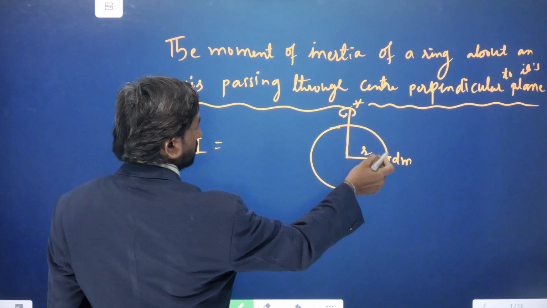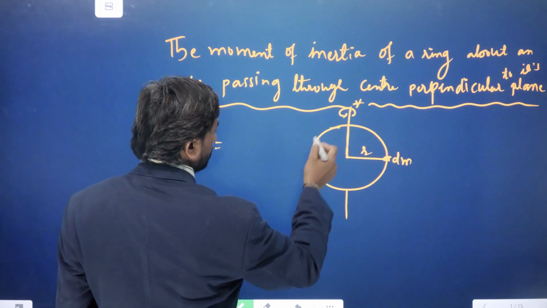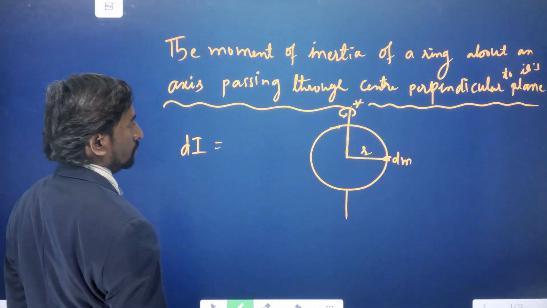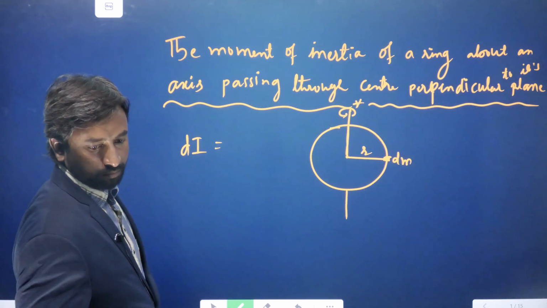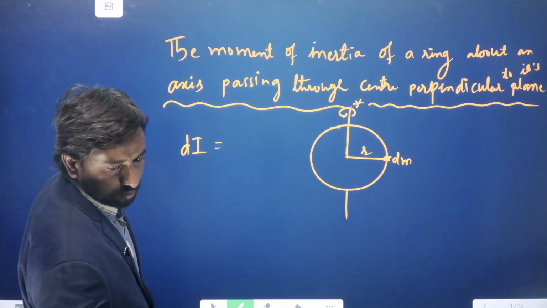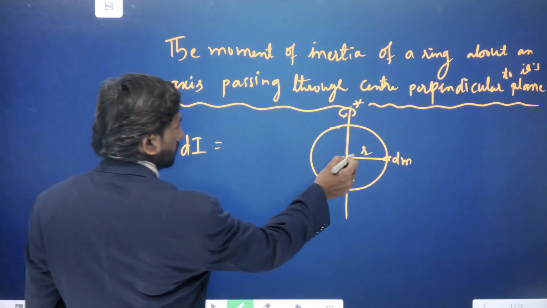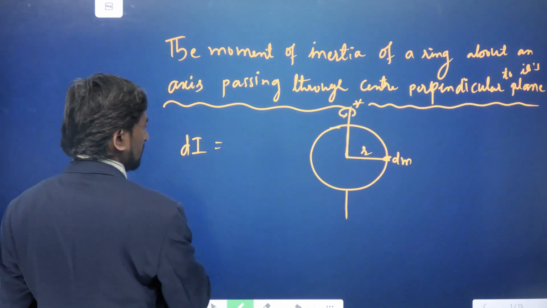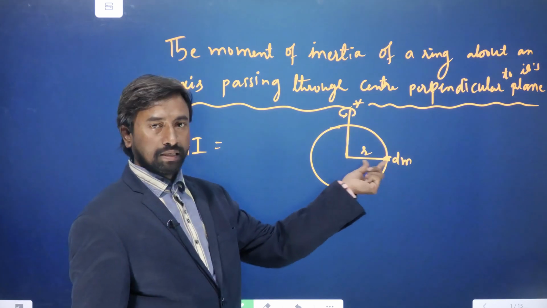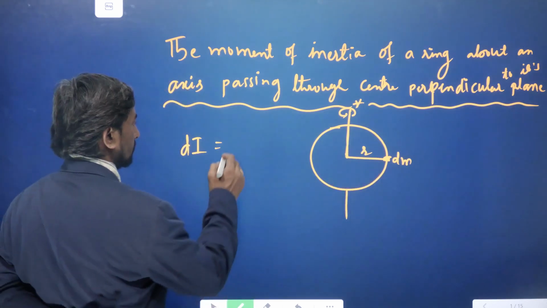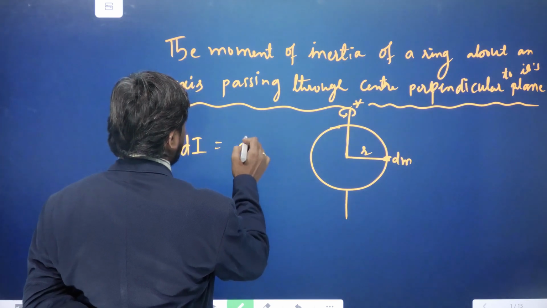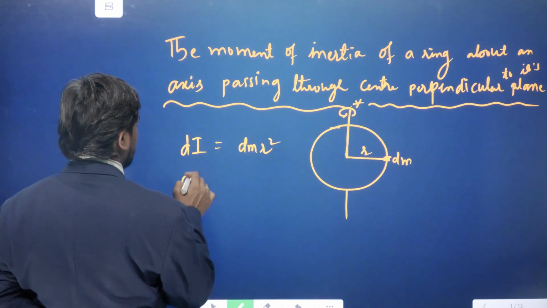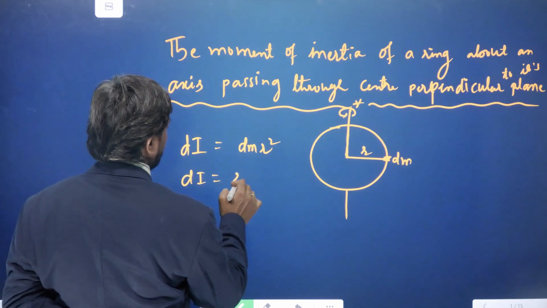This mass of the ring is continuous all around, 0 to 360 degrees, that is 2 pi. This is the perpendicular distance, the radius r. The moment of inertia is the product of mass and the square of the perpendicular distance, so dI equals r square into dm.